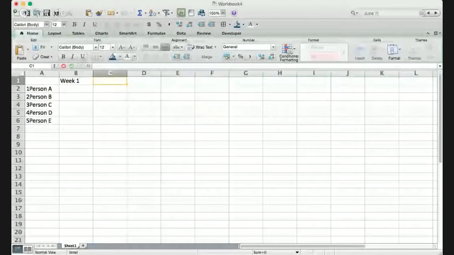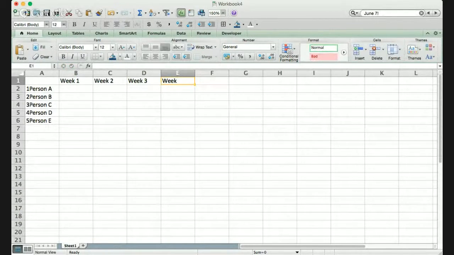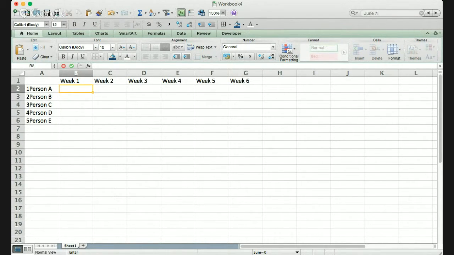Week 1, week 2, week 3, and let's say we've got a 6-week competition. So if we look here, I'm just going to make up some figures.